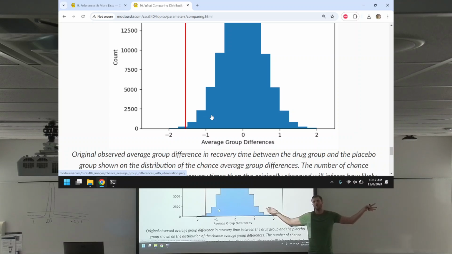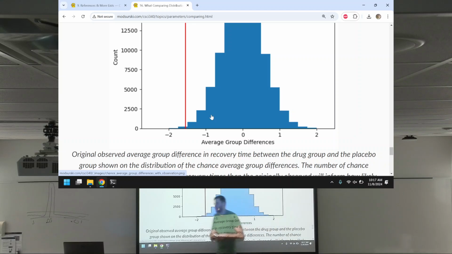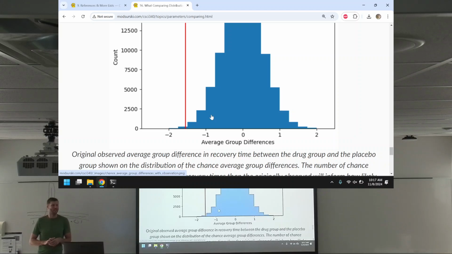So there's always at least a p-value of 1 over however many combinations there are. There's always a chance that the people you picked just worked out that way. So there's never a 0 p-value. Some people will ignore that one. They shouldn't. You should always count that one.